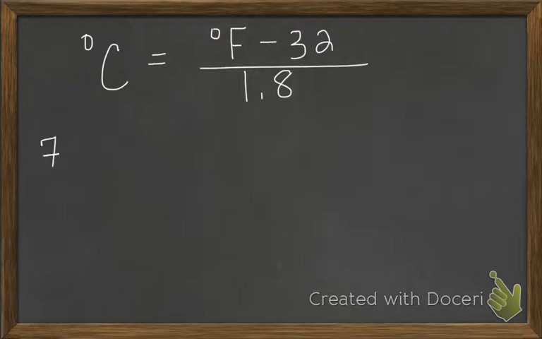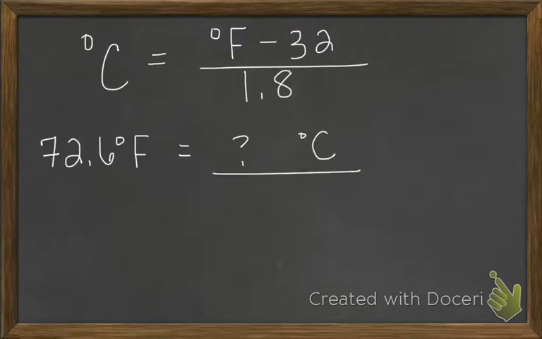So, if it's 72.6 degrees Fahrenheit outside, what would that temperature be in degrees Celsius? We put 72.6 in for Fahrenheit.